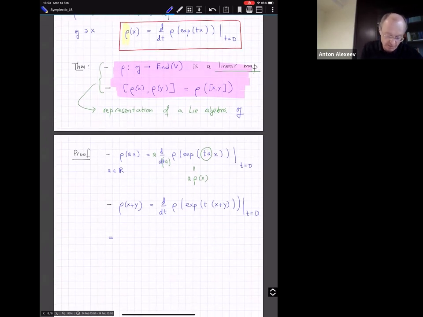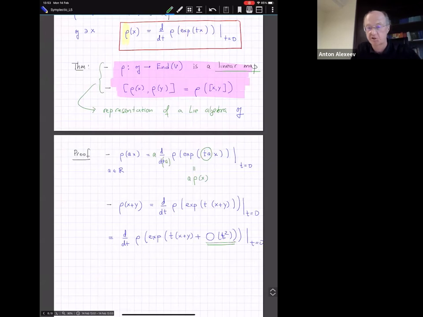So I came up with the following. First of all, I note that if I add in the exponential anything which is O of t squared, just anything, this cannot possibly change the result.